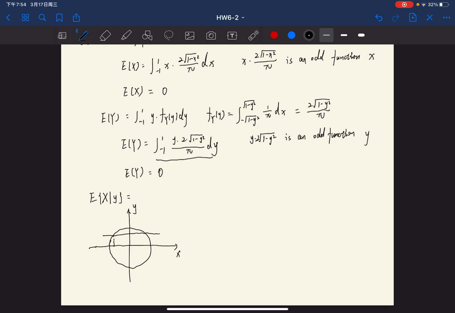The first point is negative square root of 1 minus y to the power of 2, and the other point is square root of 1 minus y to the power of 2. And so we can write the expectation in this format.